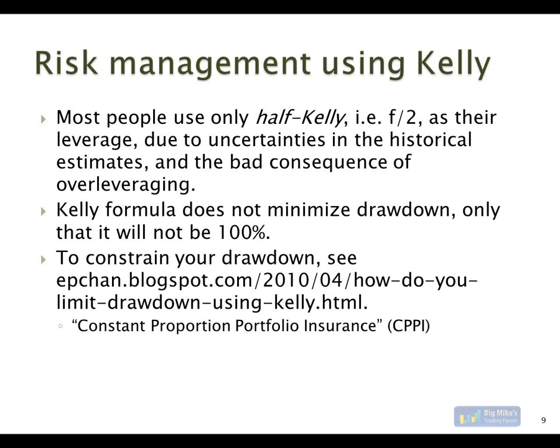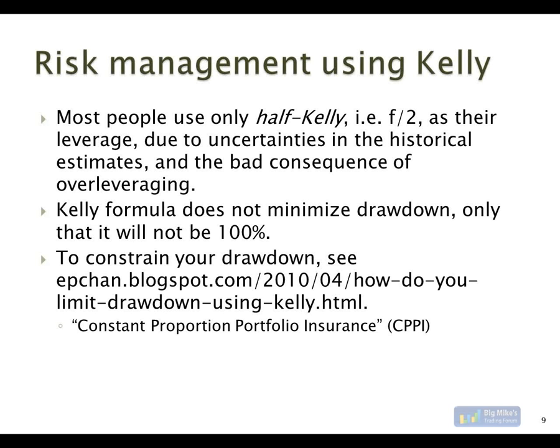So what can we do, in the practical implementation, to also limit drawdown while we take advantage of this maximum growth rate that Kelly promises? Well, there is a method. A long version of the explanation you can find on my blog.